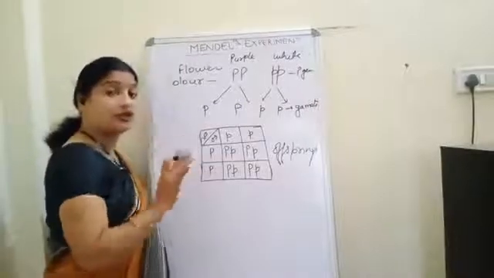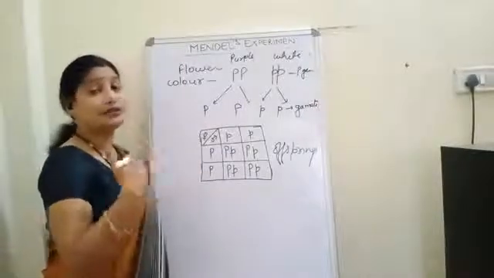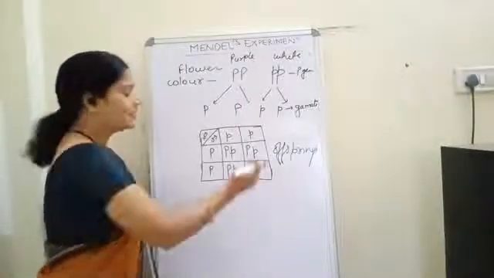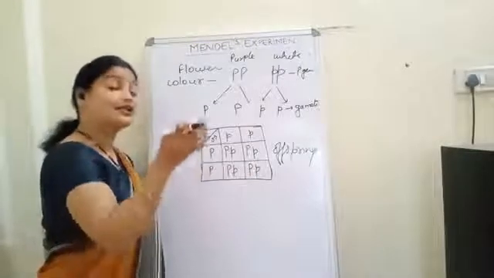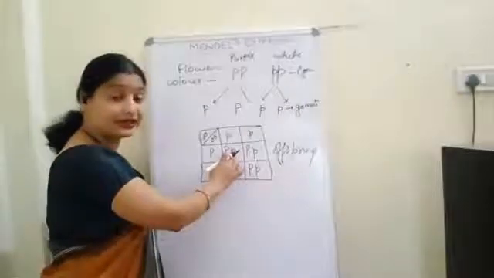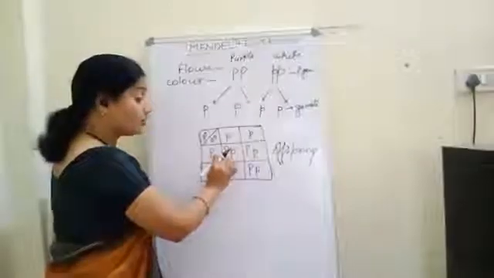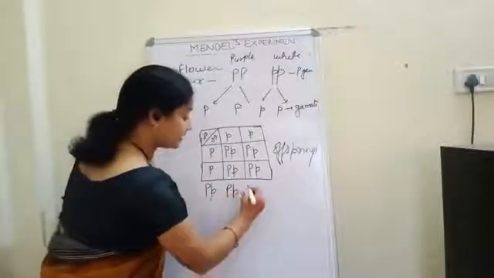And if the dominant trait is there, then every time the dominant will express itself and the recessive will not be able to express, although it will remain with the dominant. Okay, it will make the gene of the dominant, because only in the pair can we say that it is a gene and it is present. So it will help the dominant, but it will not show its character.